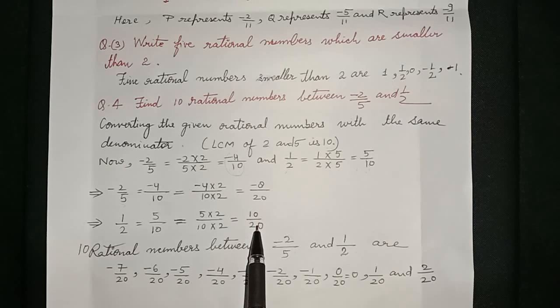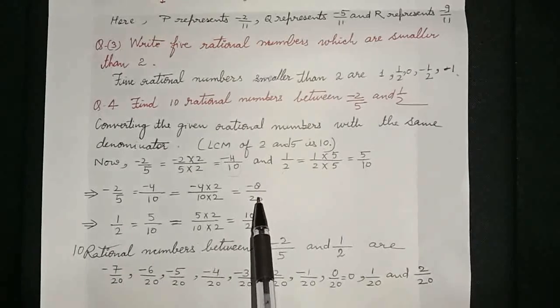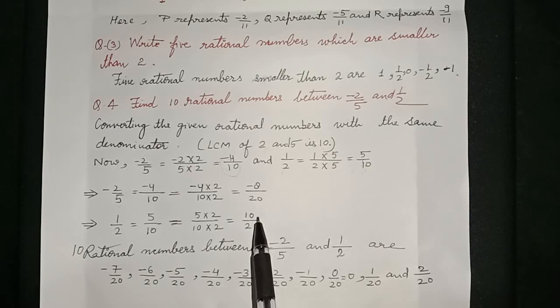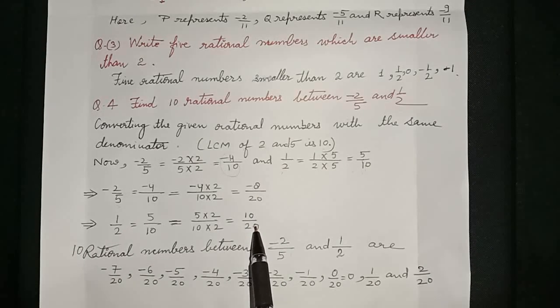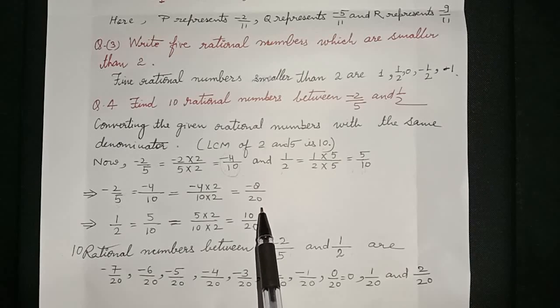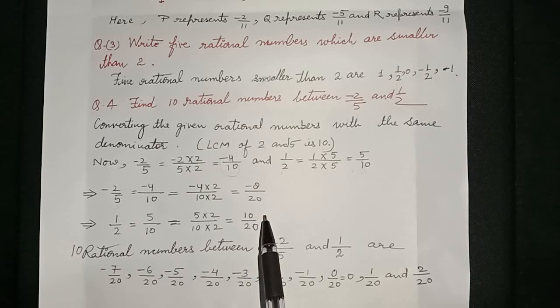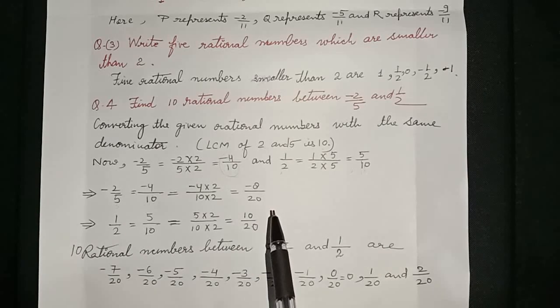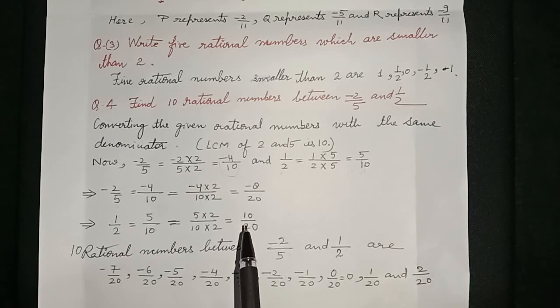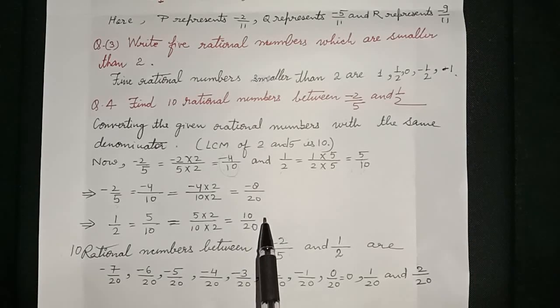Now we will see that we are getting 10 rational numbers between them or not. Now let us see. -8 upon 20 we will not take because we have to write numbers between -8 upon 20 and 10 upon 20. So see, -7 upon 20, -6 upon 20, -5 upon 20, -4 upon 20, -3 upon 20, -2 upon 20, -1 upon 20, 0 upon 20, 1 upon 20 and 2 upon 20.